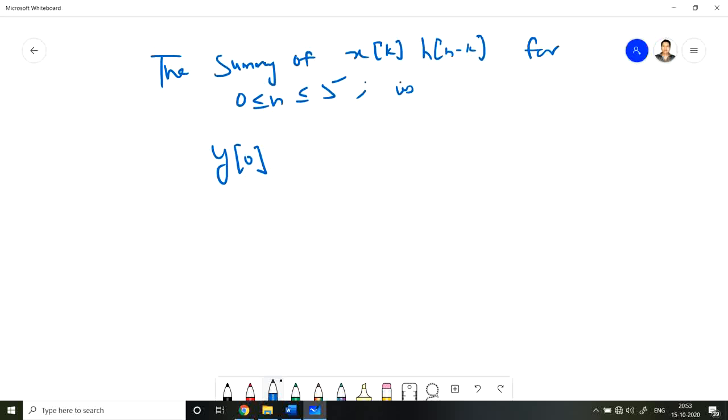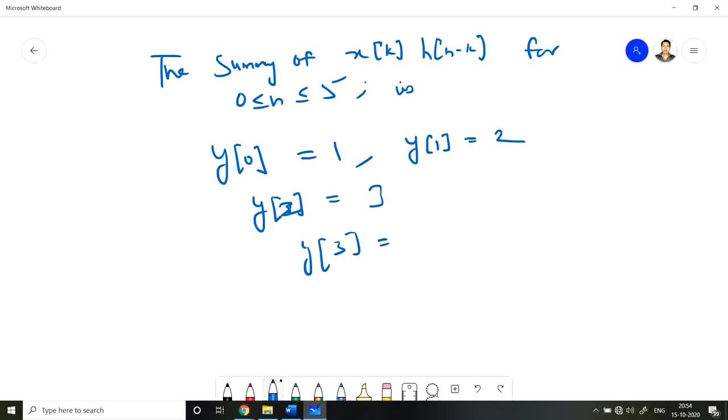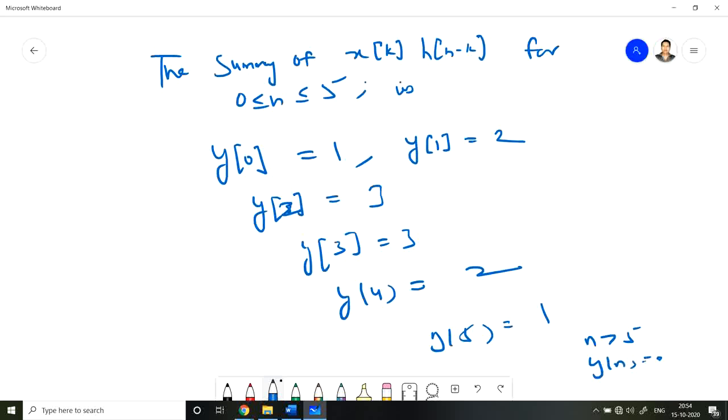For n equal to 0 we have 1, for n equal to 1 we have 2, for n equal to 2 the value is 3, at n equal to 3 the value is 3, at n equal to 4 the value is 2, and at n equal to 5 the value is 1, and for n greater than 5 the value is 0.